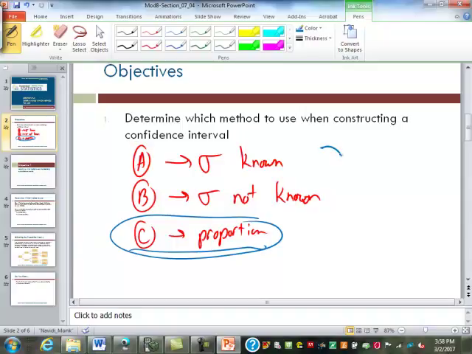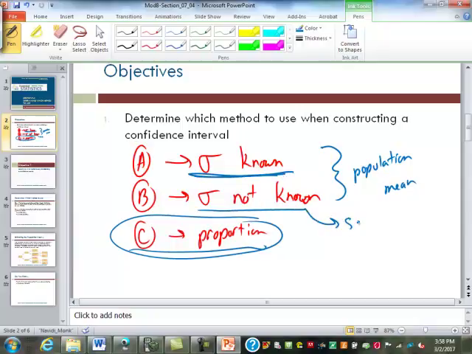Both of these, however, are talking about confidence intervals for the population mean. And to tell the difference, we're either told sigma, the population standard deviation, or we're not. If we're not told the population standard deviation, we're usually going to be told a sample standard deviation.